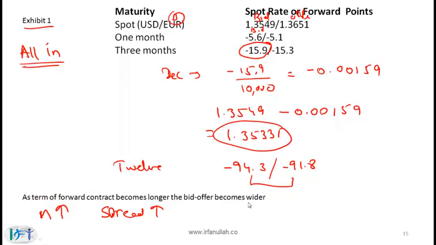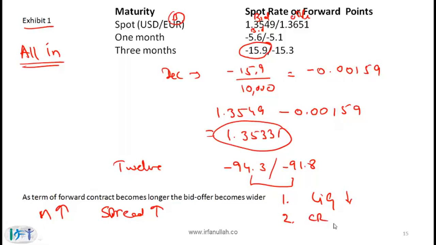The 3 basic reasons for why we have this relationship are as follows. Number 1, typically the liquidity in the forward markets tends to decline as the maturity goes up. So since the liquidity declines, the spread goes up. The second point is the exposure to counterparty credit risk increases.